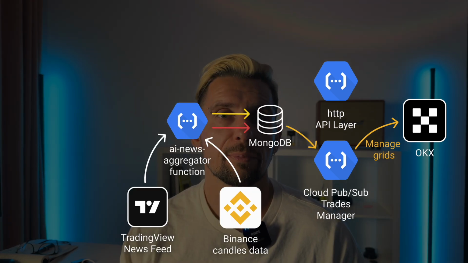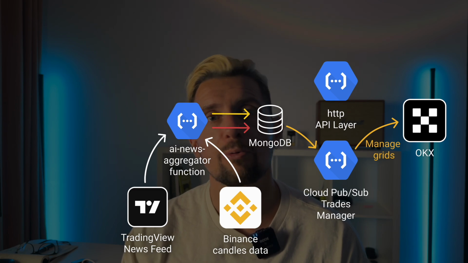This event-driven separation guarantees that if our front-end experiences a spike in traffic, our core bot execution pipeline remains completely unaffected and performant.